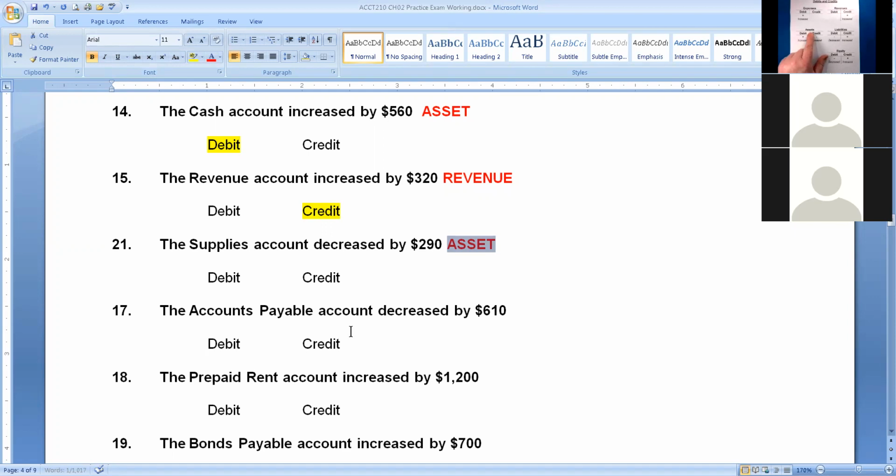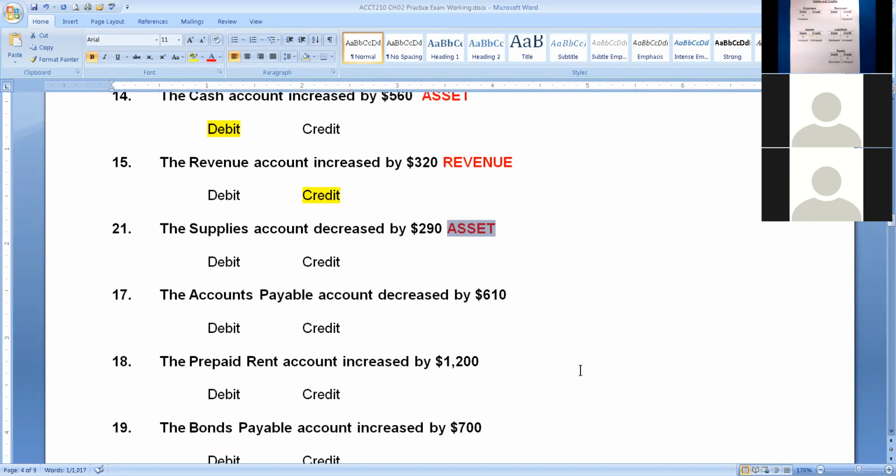Supplies is an asset, it decreased. You can also use that other page, page 7 maybe. So if supplies goes down, debit or credit? Credit. Yep.